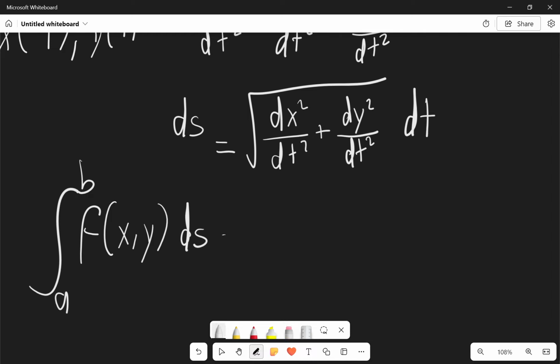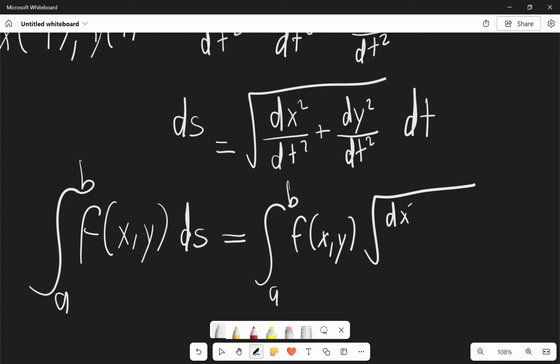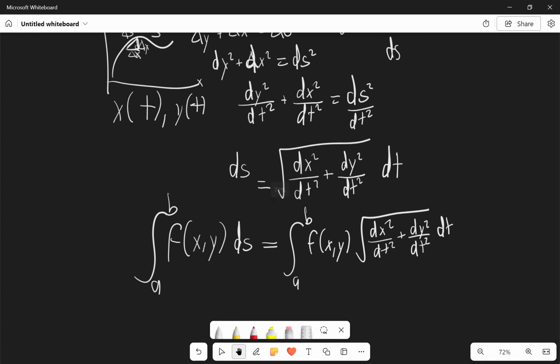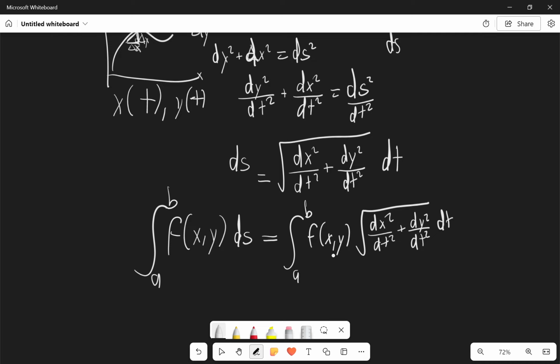So this is equal to the integral from a to b of f(x, y) times ds, but ds is this, so times the square root of (dx/dt) squared plus (dy/dt) squared, dt. And that's basically how you can compute a line integral on a scalar field.